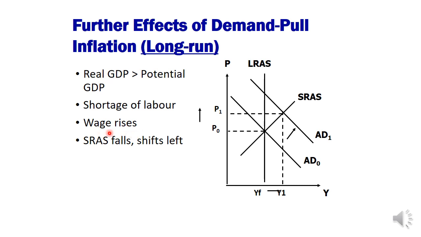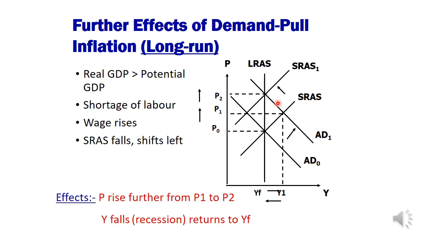When wages go up, cost of production goes up, and your SRAS will begin to shift to the left. So your SRAS shifts to the left, and your equilibrium will now move to this final point here, whereby the price level has gone all the way up to P2.